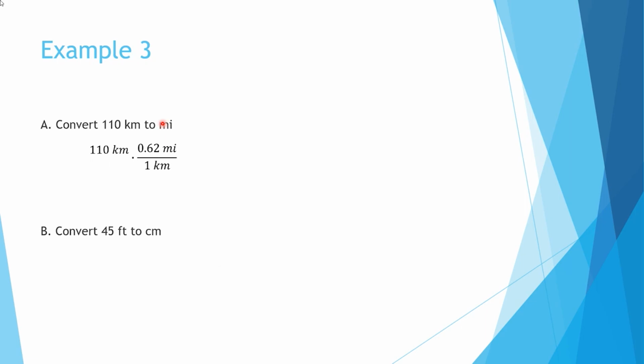So I can multiply it by a 1, right? They're the same value. I want the kilometers to cancel, so I put that on the bottom, and I'm putting the miles on top because that's what I want on top. So then you multiply the two, and you get 68.2 miles.